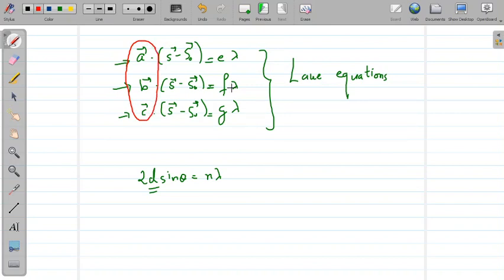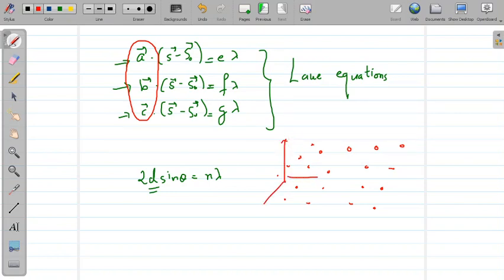So these are the lattice parameters. If we know the lattice parameters, the complete crystal can be reconstructed. So you know the arrangement of atoms in the first dimension by knowing A bar. By knowing B bar, you can arrange the atoms in the second dimension. So this is the two-dimensional arrangement. And if you know C bar, you can arrange the atoms in the third dimension as well, which is the upward direction.